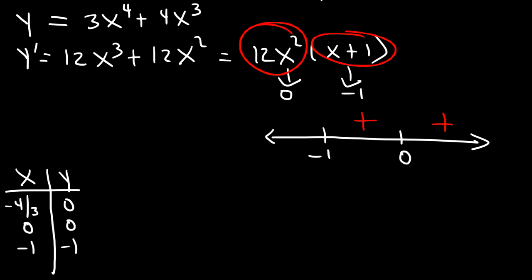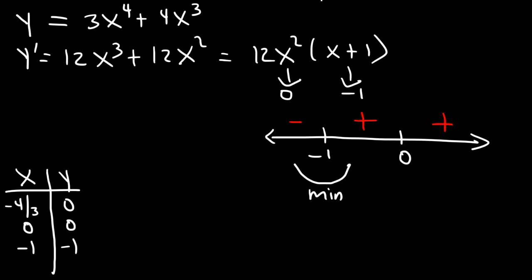Negative 2 plus 1 is negative, so this is going to be negative. So notice that it's decreasing and increasing, so we have a minimum at negative 1. Now, the sign doesn't change across 0, so we don't have a minimum or maximum. So I'm going to write this. We have a minimum at x equals negative 1.